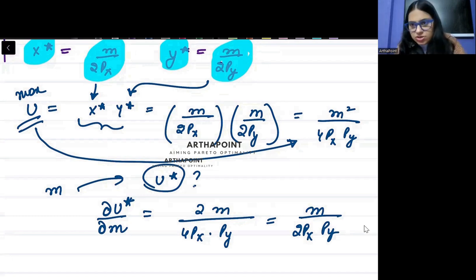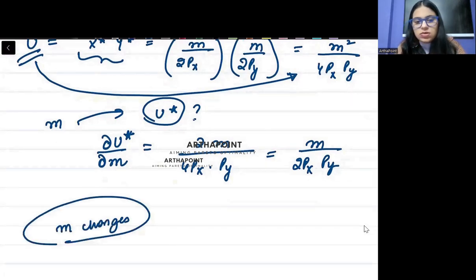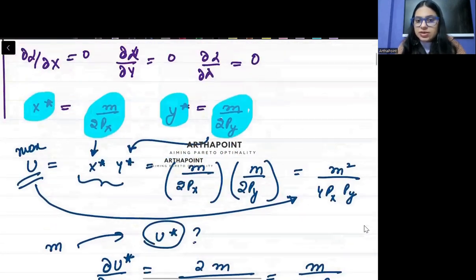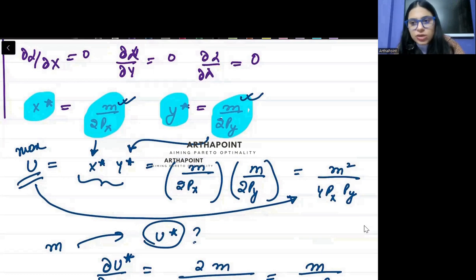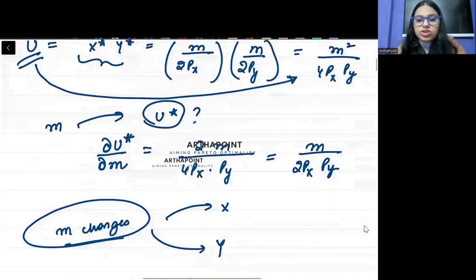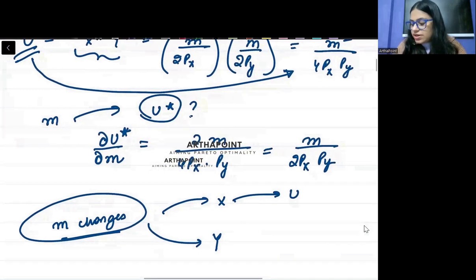Now there is one thing worth understanding. Try to understand that this is very important: when income changes, then the optimal values of x and y will also change. And when the optimal values of x and y change, utility will change because of that as well.